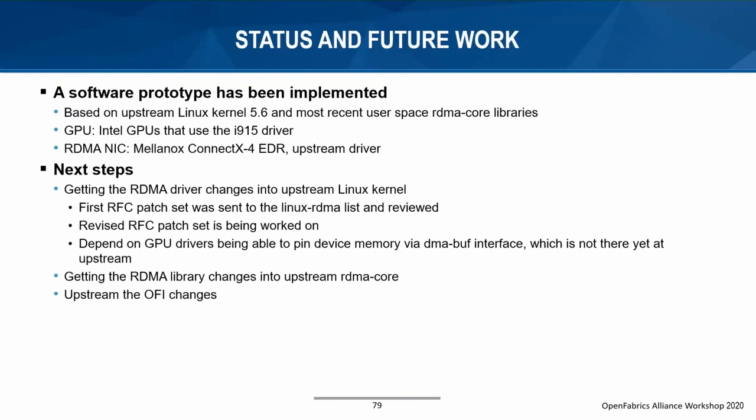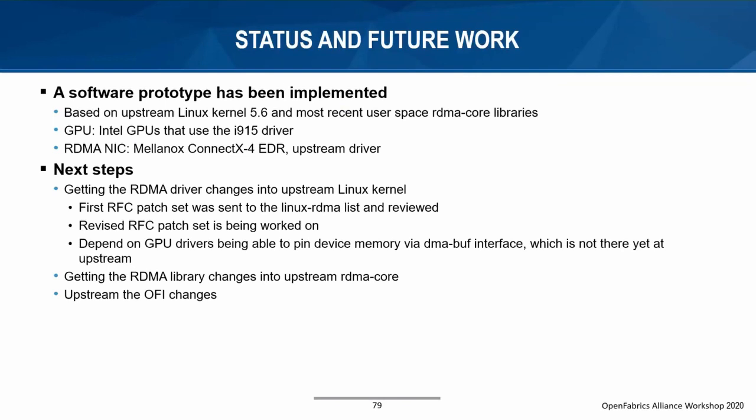The next step is getting the code changes upstream. We have sent the first set of patches to the Linux RDMA list and got reviewed and got many feedbacks. So we are working on revised patches, and we are also working on the GPU driver development and the DMA-BUF infrastructure development, so we can have all the pieces needed upstream.